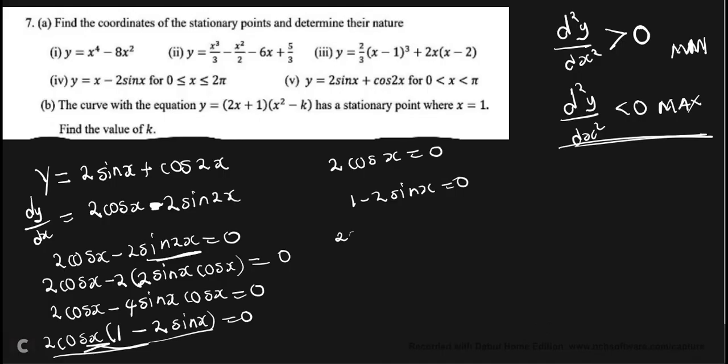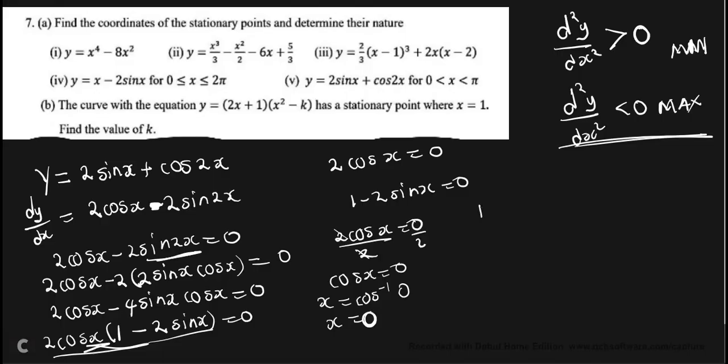So we have 2 cos x equals 0, meaning you divide everything by 2, then cos x equals 0, then x equals cos inverse of 0. What's cos inverse of 0? It is 90.